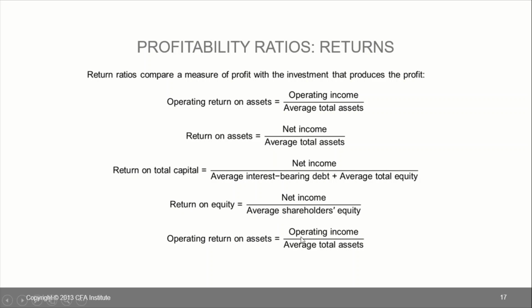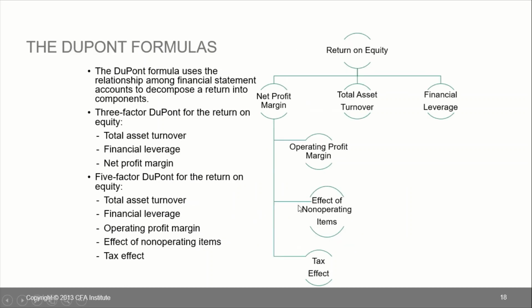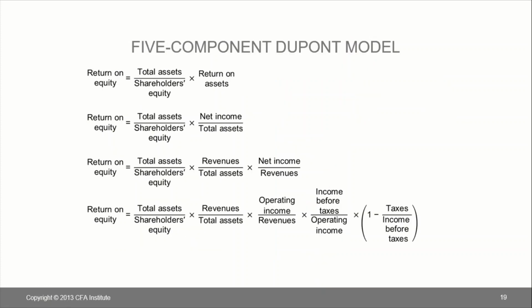So yan lang yung formula on a shortcut basis, but using the DuPont method, you're taking into consideration total asset turnover, financial leverage, net profit margin, and other factors that has something to do with tax and your non-operating items. Okay? So para lang siyang pinagsama-samang ratios into one.